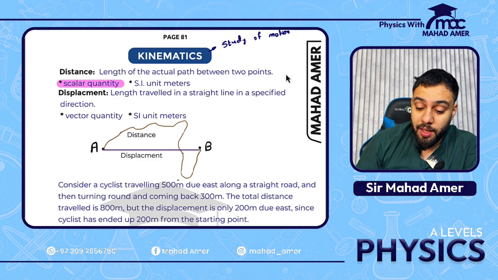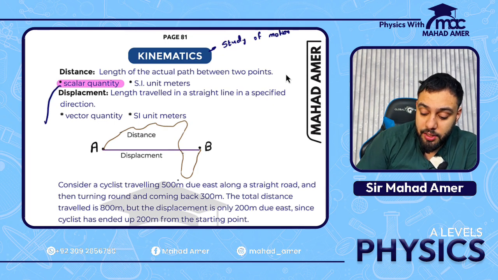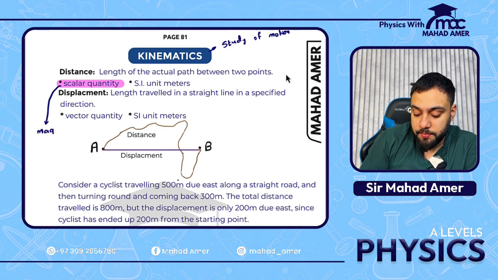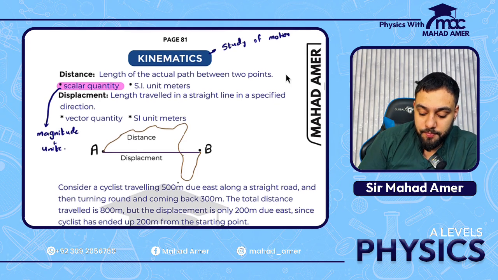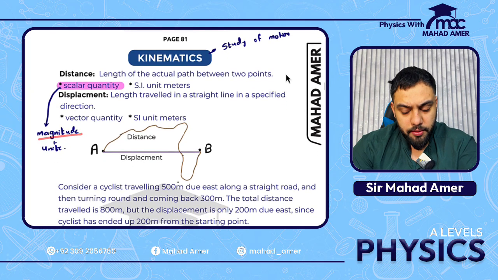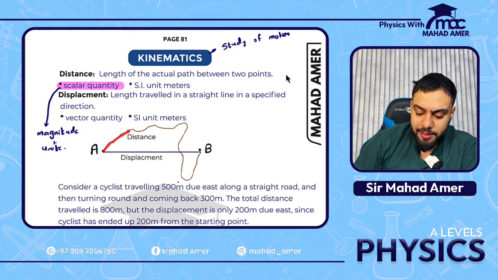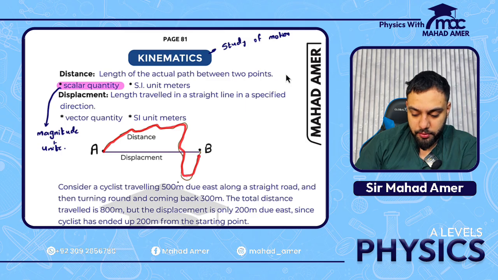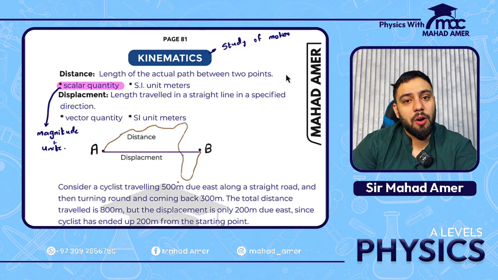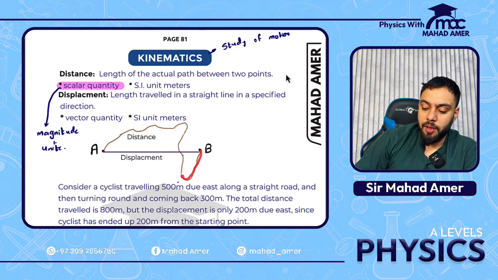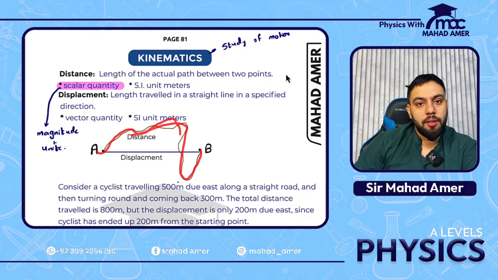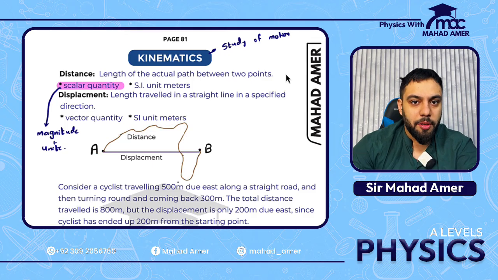Scalar quantity: any quantity that only has magnitude and a unit. Magnitude means size or a number. For example, I say this brown path is 50 meters. So this brown path, coming from right or going from left, is always going to be 50 meters.